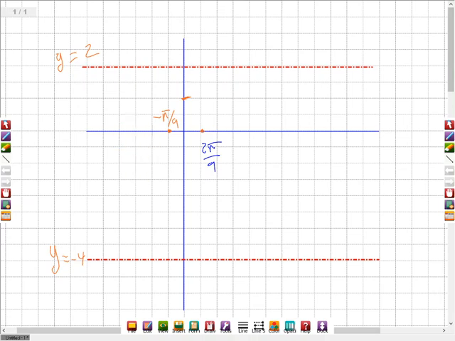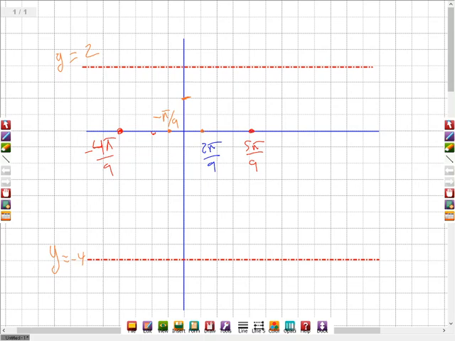Start, this is 0, negative pi over 9, -2 pi over 9. -4 pi over 9, -3 pi over 9, -2 pi over 9, 0, 2 pi over 9, then 3, 4, 5 pi over 9, and each space is pi over 9.